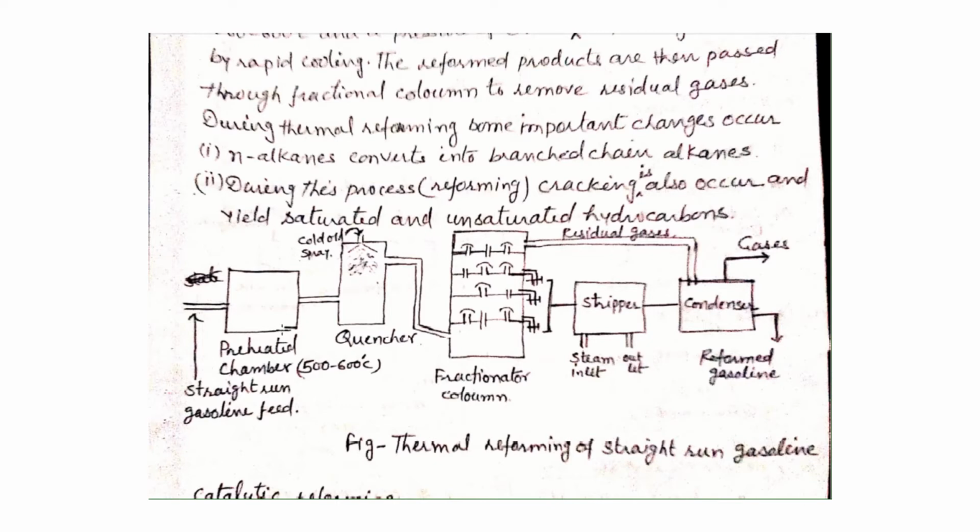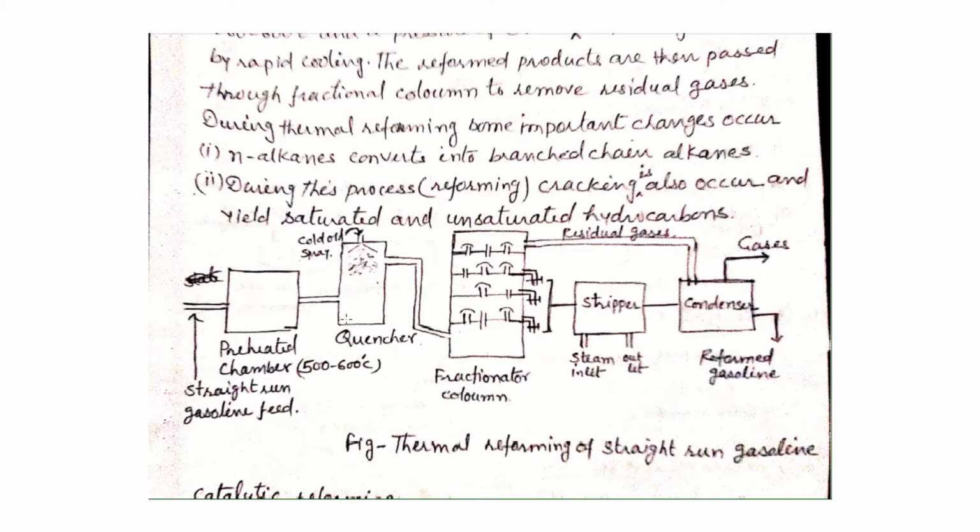Straight-run hydrocarbons are passed into a preheated chamber at a temperature of 500 to 600 degrees centigrade. All the hydrocarbons come out as vapors, and in the quencher we spray cold oil.